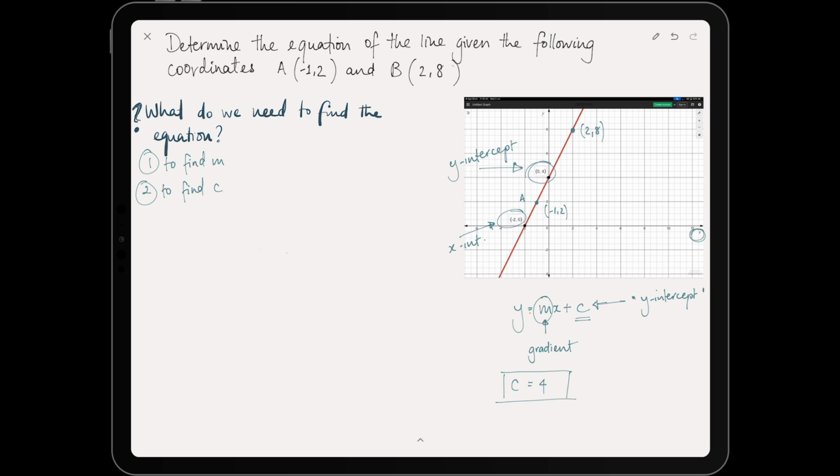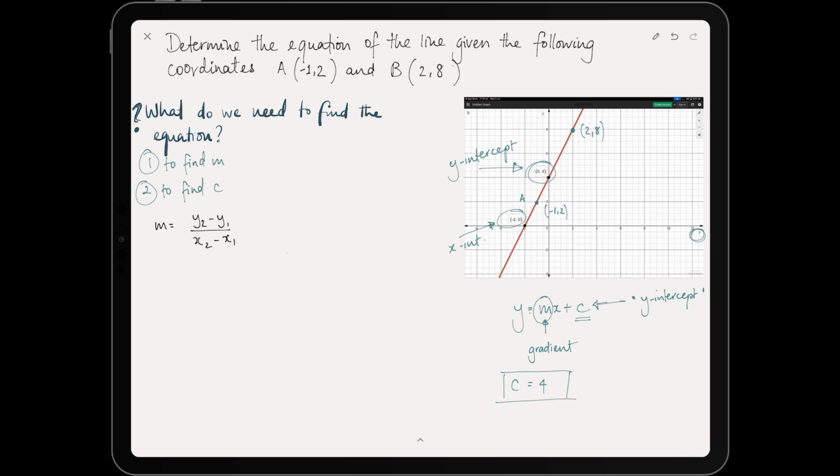To find m, let's use the equation (y2 minus y1) all on (x2 minus x1). You can do the rise over the run method. You can do y2 minus y1 equals m times (x2 minus x1), whatever your preference is. Personally, this is my preference.